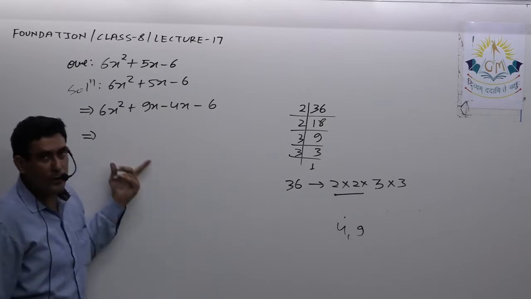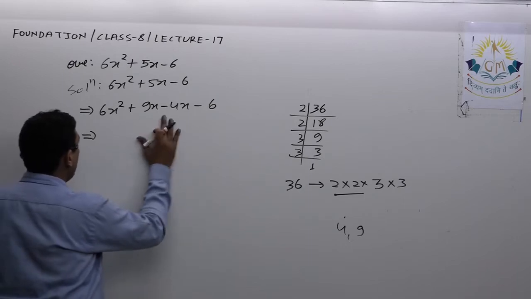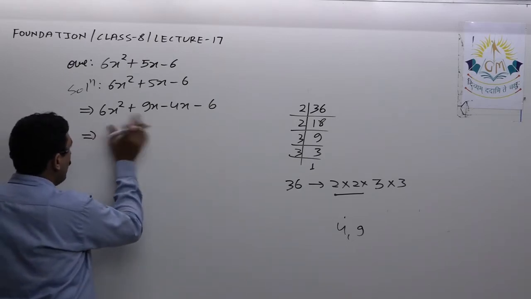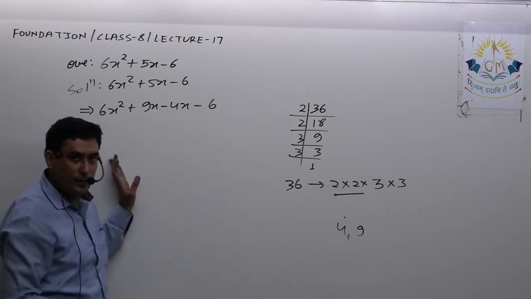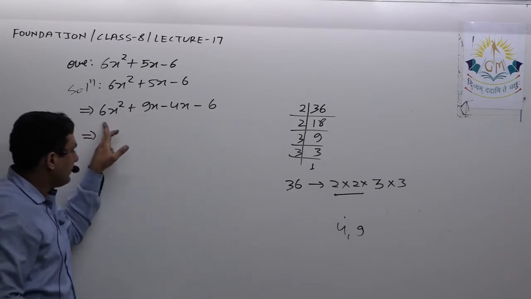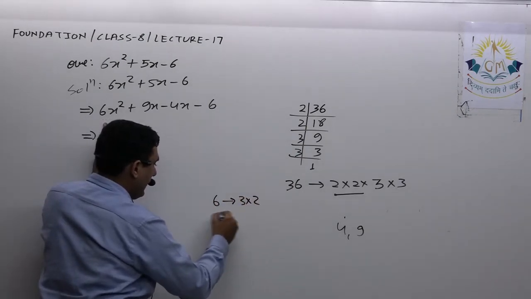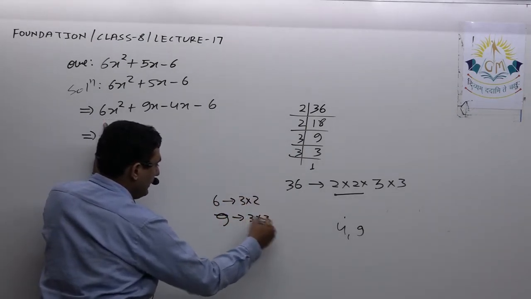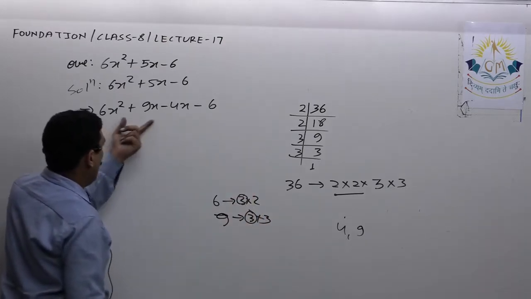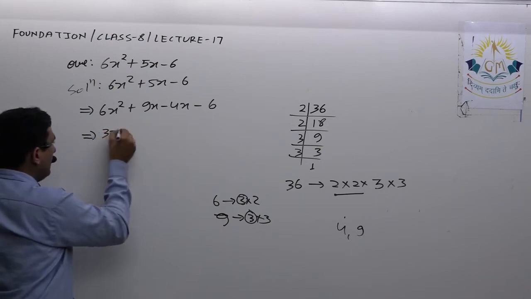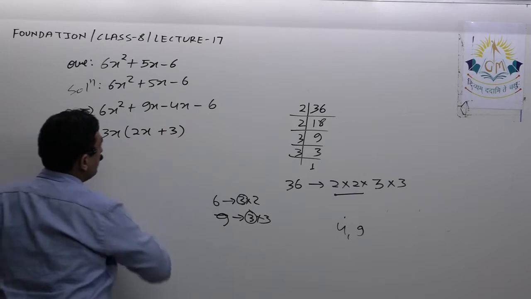This is also not that difficult, but it might take some extra time. Now over here first we have to see whether these numeric terms have anything common. Yes, 6 is 3 into 2, and 9 is 3 into 3. So definitely we can say 3 is the common numeric value, and x is directly common, so I can say 3x is common. So here I write 2x plus 3.